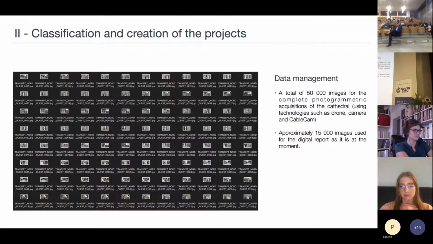Violette mentioned already a bit of the quantities of data that we had collected, but for only the images regarding the photogrammetric acquisitions, I had around 100,000 images using different technologies such as camera, drone, or even cable cam. And in the final results, for the moment, we used approximately 1,500 of them.